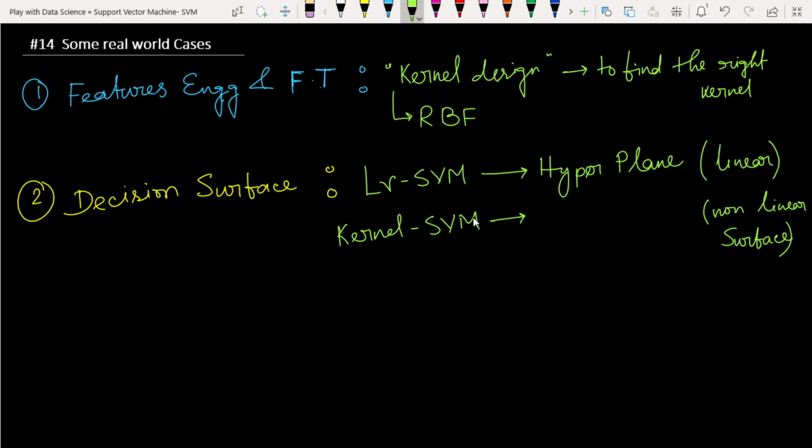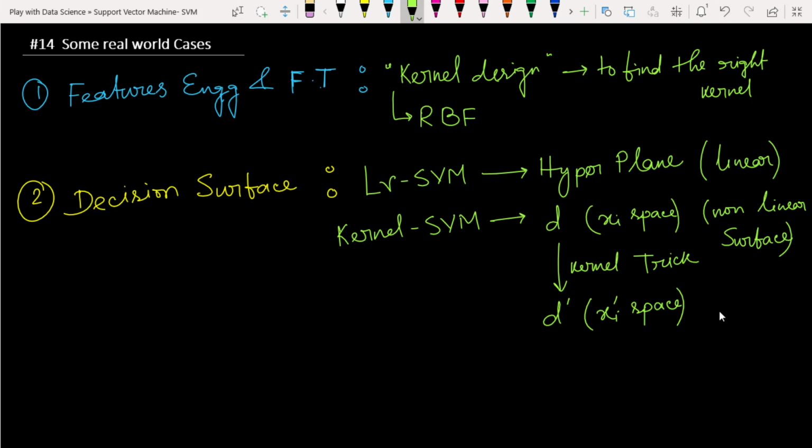If our data set lies in a d-dimensional space, using the kernel trick we convert this dimension to a d-dash dimension. In the original space, the surface is non-linearly separable, but in the d-dash space we see that it is linearly separable.